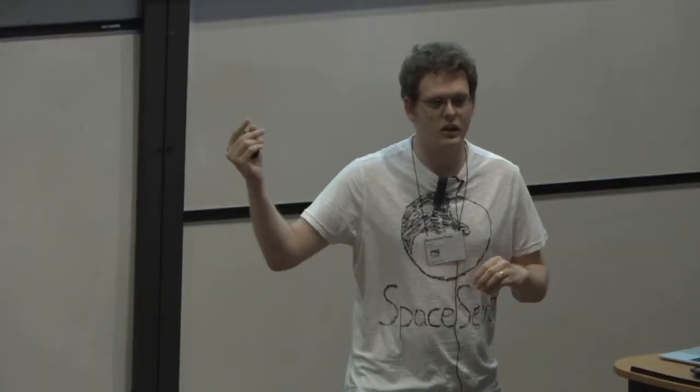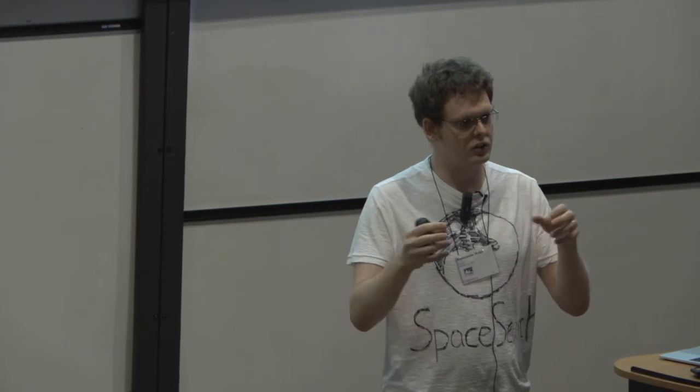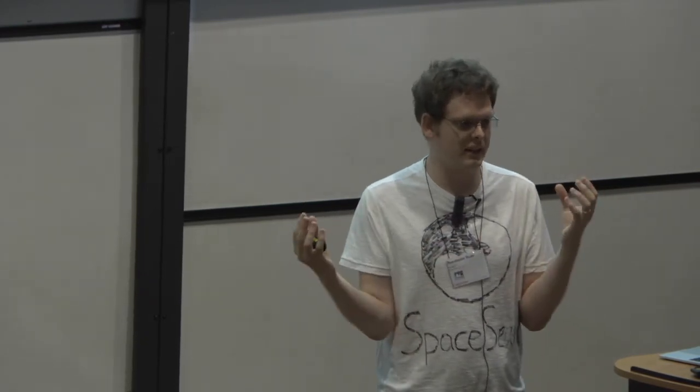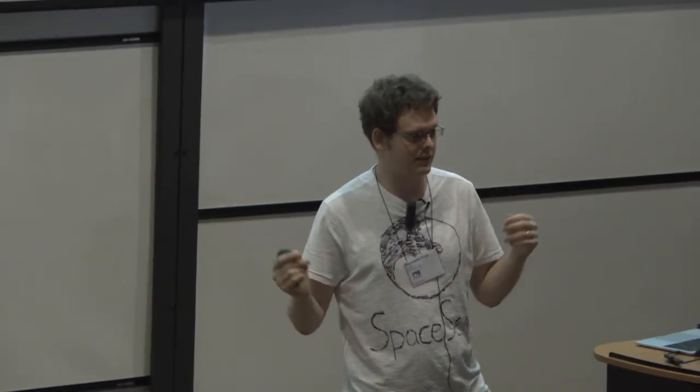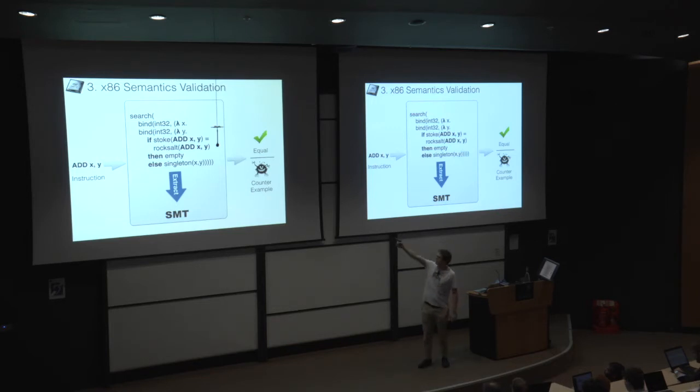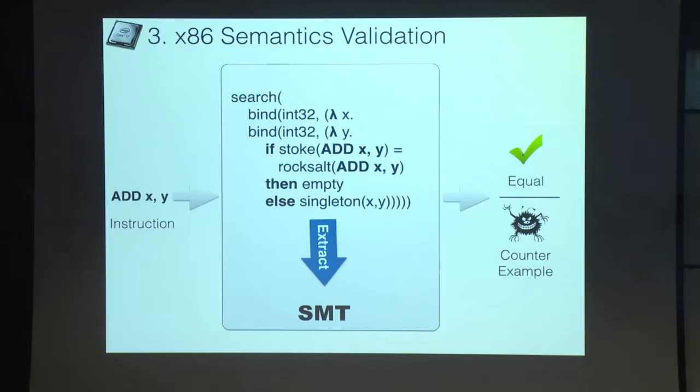And what we're going to do with this framework is that for a given set of instructions, we're going to actually prove that these semantics are equal for all possible machine states. How we do that is that for each instruction, we bind over the whole space of possible inputs. This is a little simplified here. And then we do the same trick where we return empty and singleton if they're equal or not.